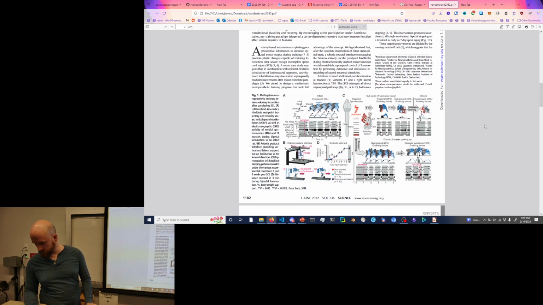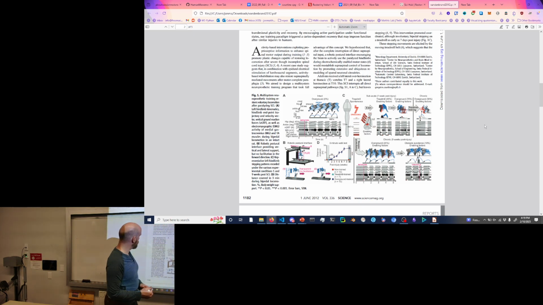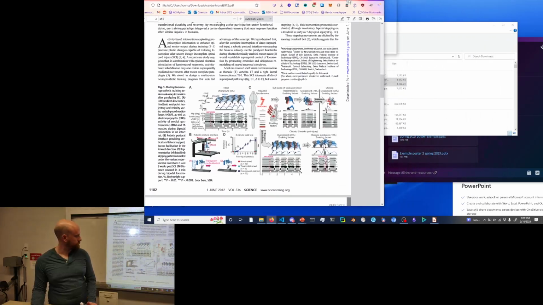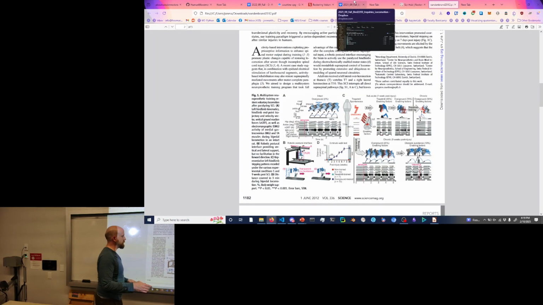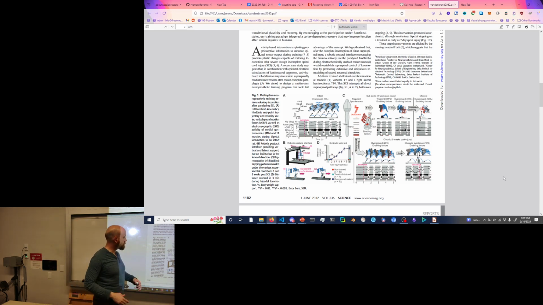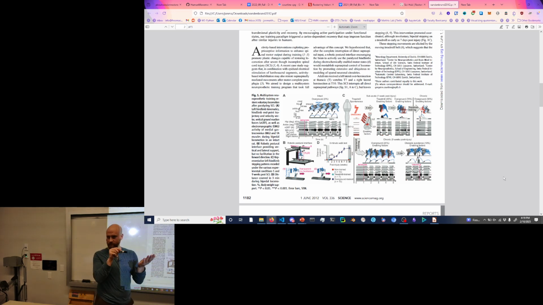So the idea was, they took the rats and they gave them a surgical spinal cord injury.